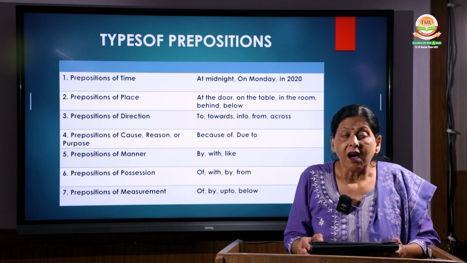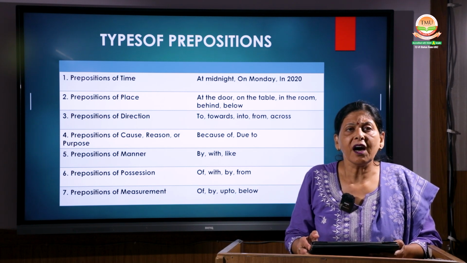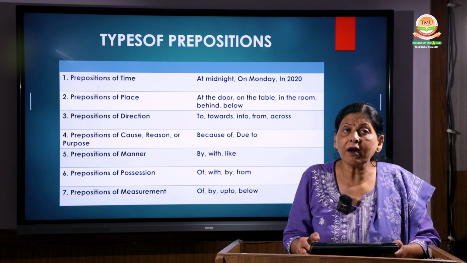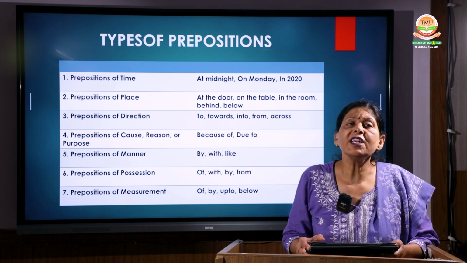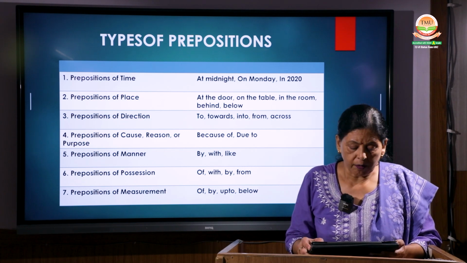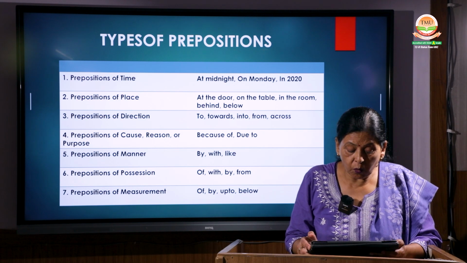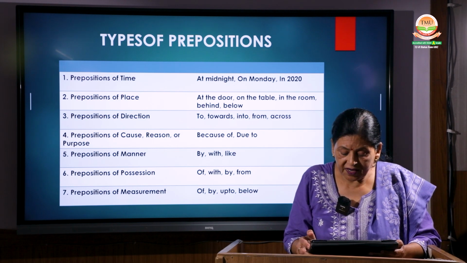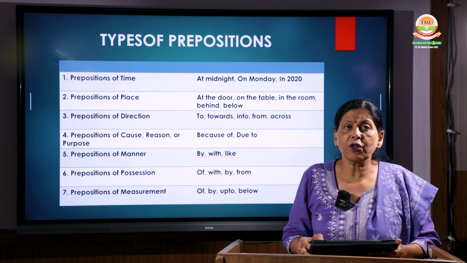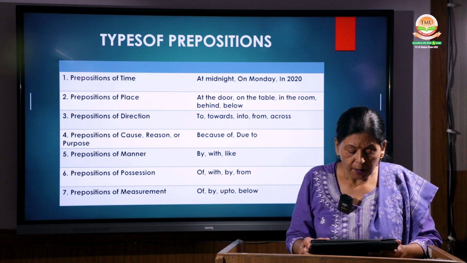I bought a new car in 2020. When did I buy the new car? In 2020. So these show the prepositions of time. That is why I have kept the words midnight, Monday, 2020, for your easy reference, so that there is no confusion and the learners are able to understand properly.